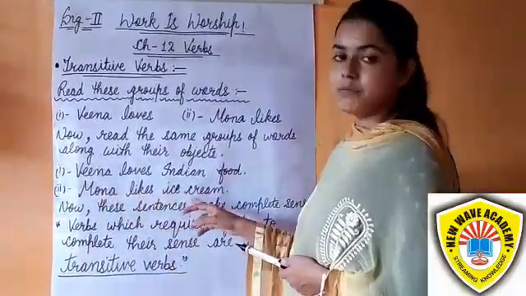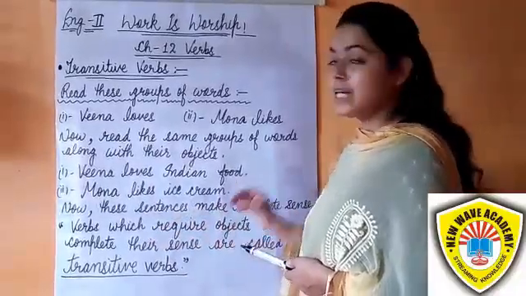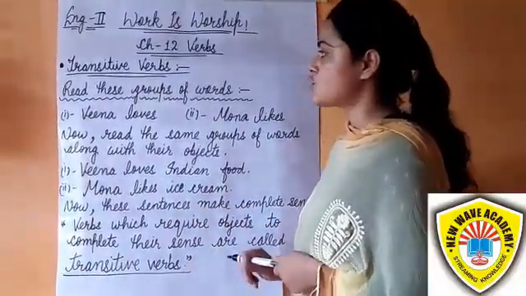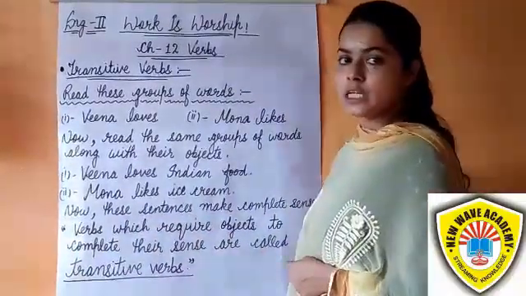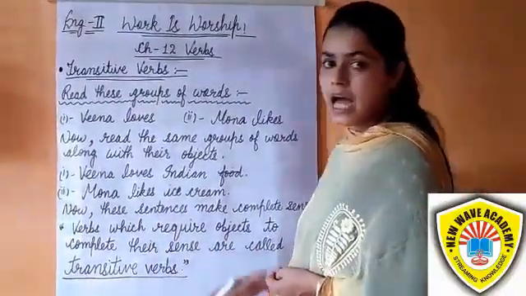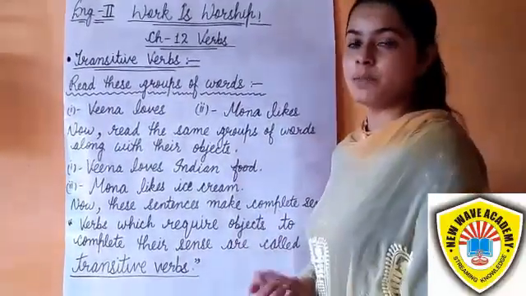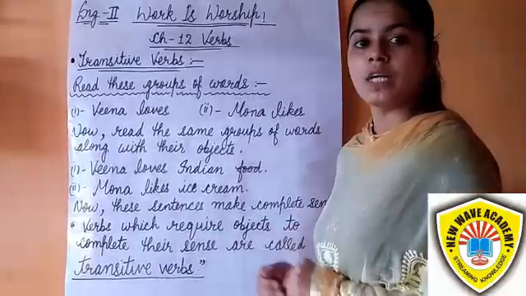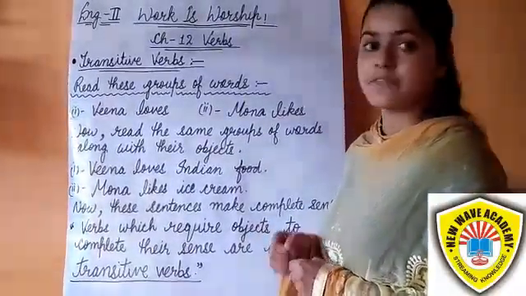Mona likes ice cream. Ice cream is the object. Now these sentences make complete sense. So students, we can say that verbs which require an object to complete their sense are called transitive verbs. And remember that only doing verbs and verbs showing possession can be transitive verbs.